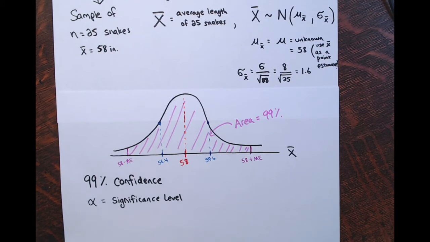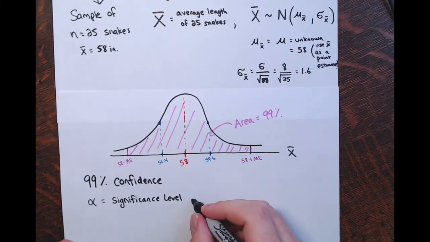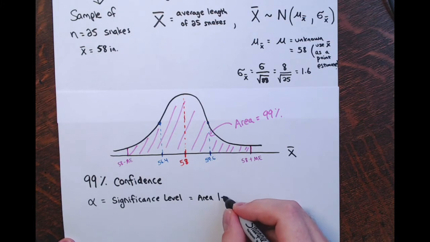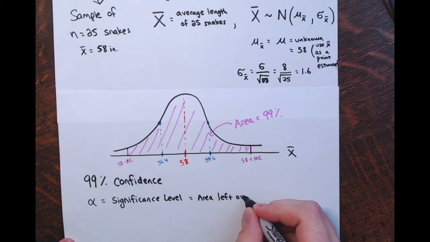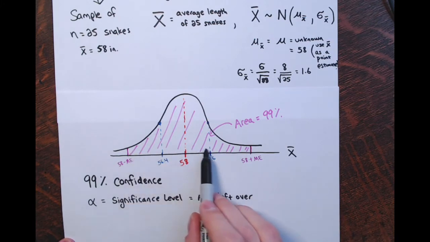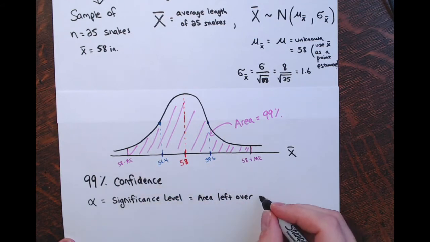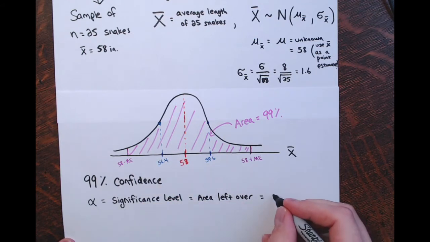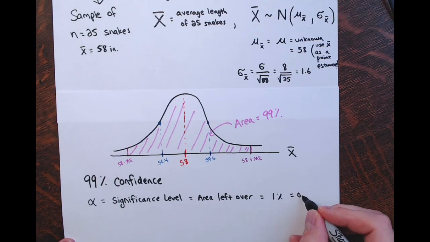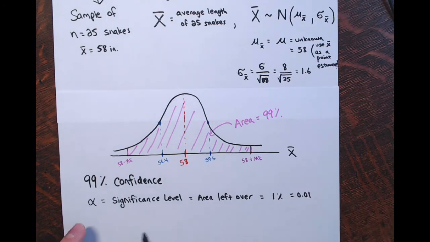That'll come much more into play in the next chapter on hypothesis testing. But basically, this is the area left over. Because if this is 99% in between, then the area left over is 1%, or 0.01. So the value of alpha here is 0.01.